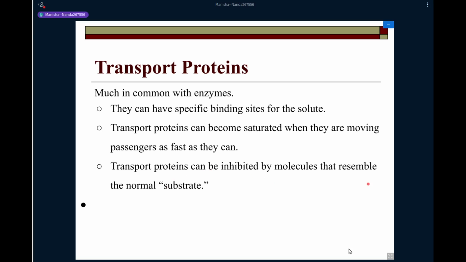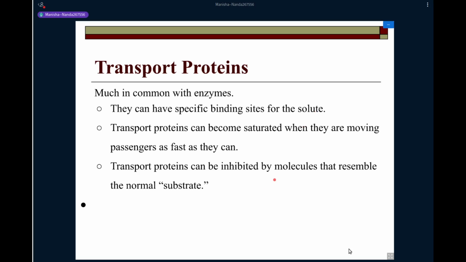Transport proteins can be inhibited by molecules that resemble the normal substrate. When we talk of enzymes, we always know there are inhibitors that can hinder enzyme activity by disturbing the active site, blocking it, or decreasing its efficiency. In the same way, many of these transporters are inhibited by substrates or molecules that resemble the specific solute which it carries.